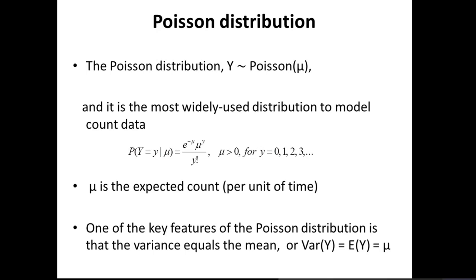So if we have count data, it will be distributed as Poisson with a certain average value, and let's call it mu. And it's the most widely used distribution to model count data, of course. So Poisson distribution is the most widely used distribution to model count data.